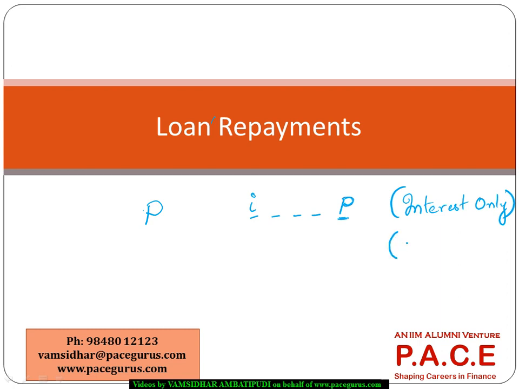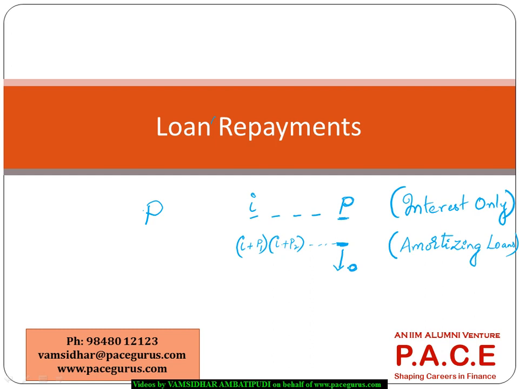But the more common kind of loans today are called amortizing loans. When I say amortizing loans, along with the interest, some portion of the principal is also paid every period, in such a way that by the end of the loan period, the outstanding principal becomes zero.